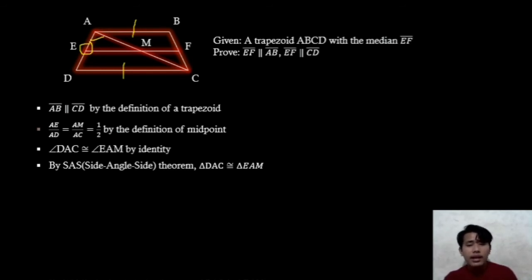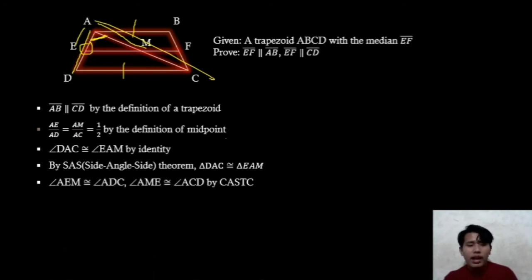Side angle side means that side AE, this one, with angle A, this angle, and side AM, this side. Or side AD, this side, with angle A, this, and with side AC, this one.